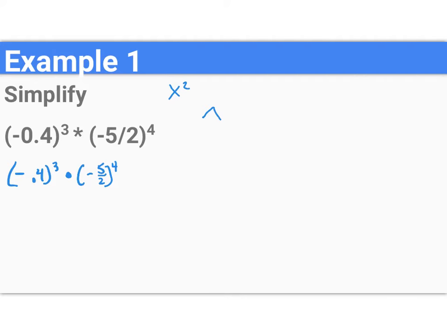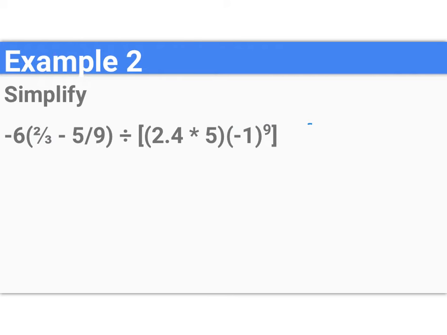Or some calculators will have a button that says X to the Y power. I think that's for TI-30s and some other calculators. So you might have to hit that for your exponents above 2. And so finally, our answer is negative 2.5. So on these, you will be using a calculator.